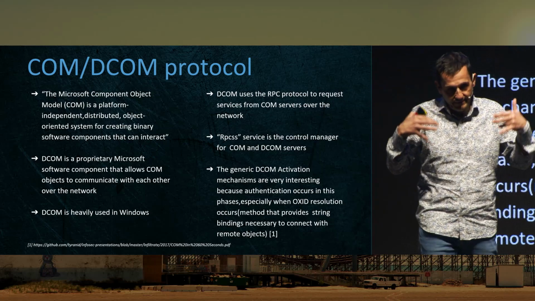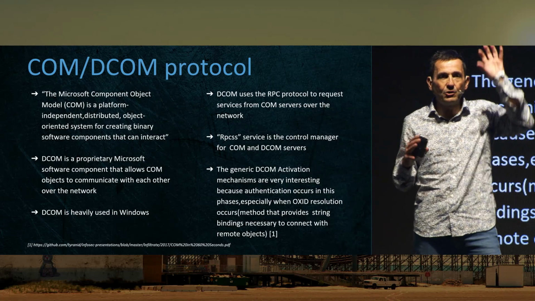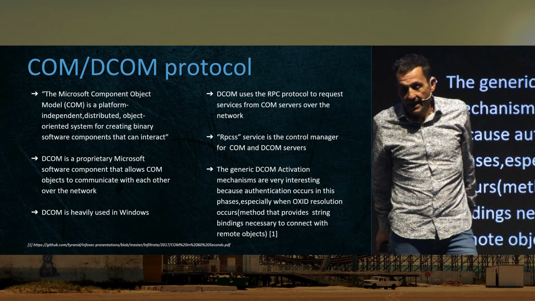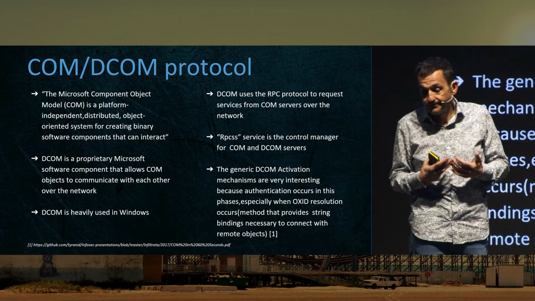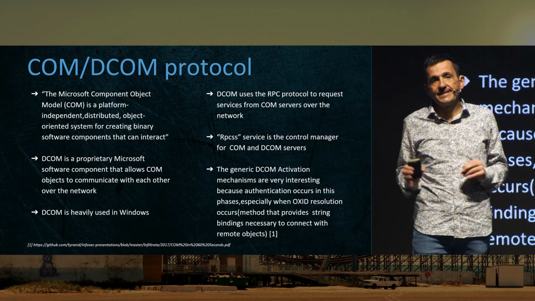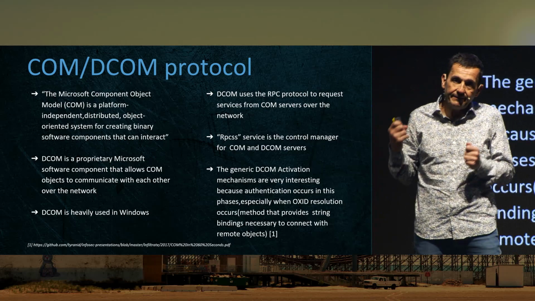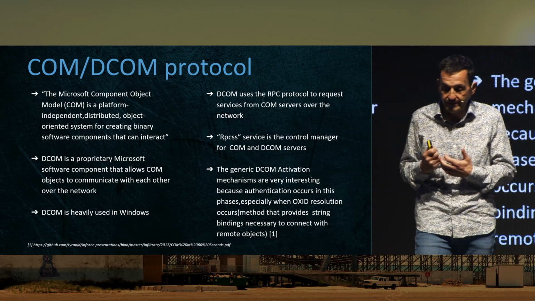DCOM uses the RPC protocol. We could think of it like DCOM is HTTP and RPC is TCP, okay? It uses the RPC protocol for communicating over the network. The RPCSS service, which is running on every Windows system, is the service control manager for activating and controlling the COM and DCOM servers.